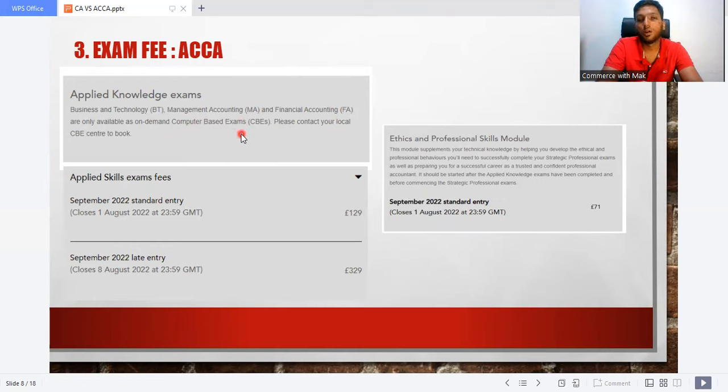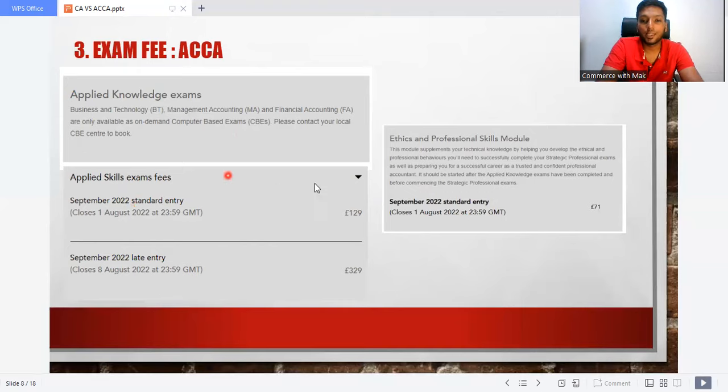You can speak to the British Council to know the CBA centers. I don't want to promote any other platforms on this site. You can type CBA centers in Sri Lanka and find out the cost. It's around 25,000 to 35,000, most probably, because day by day the rates are changing.